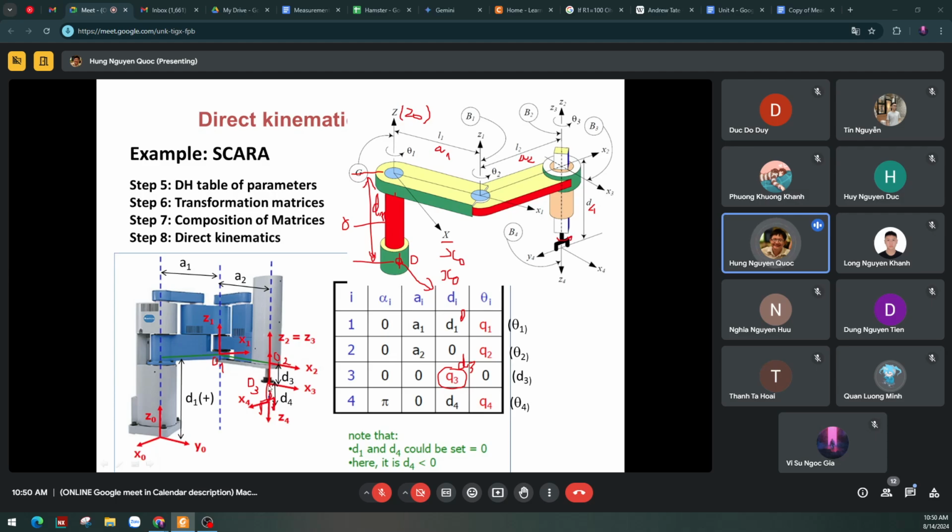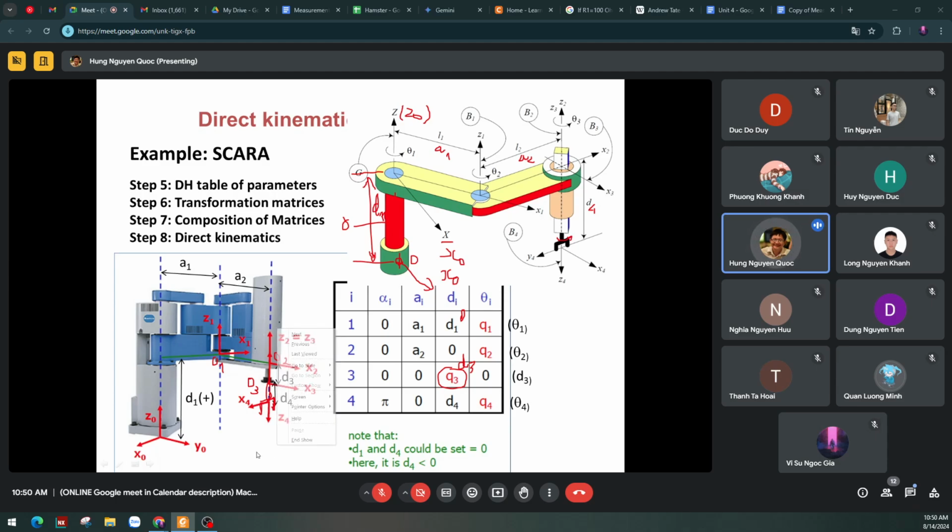Of course, you can put here the gripper or maybe a tool. So now we have frames 0, 1, 2, 3, with 2 and 3 the same, and frame 4 is the gripper. And as I mentioned, when you use the gripper or the tool, the final Z is always the approach direction.